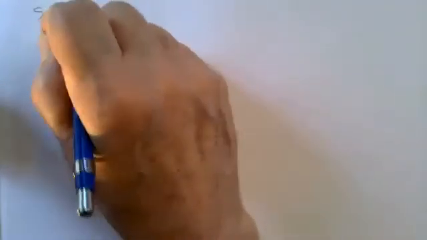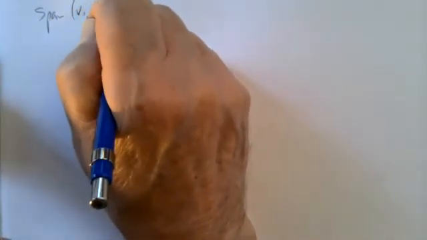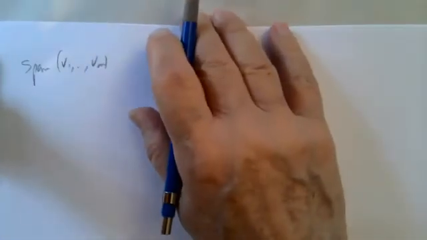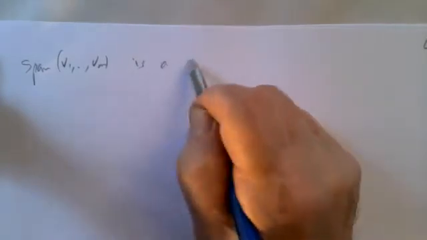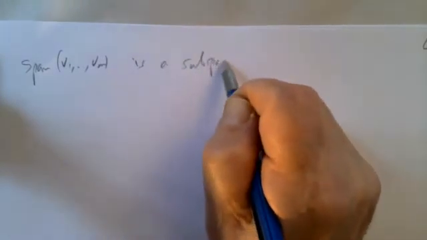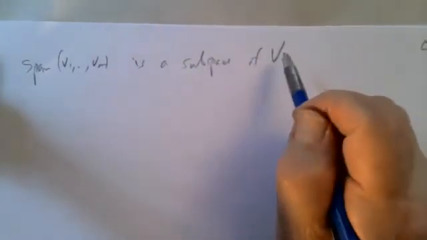So what I just showed is the span of V1 up to Vm is a subspace of V.